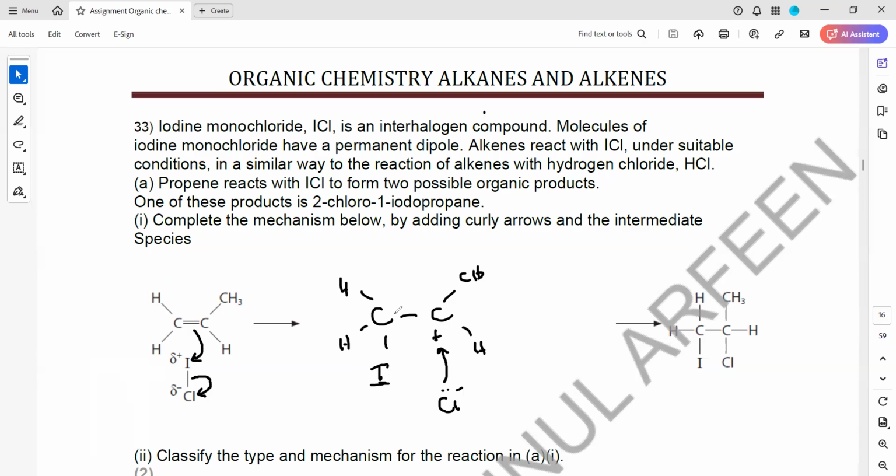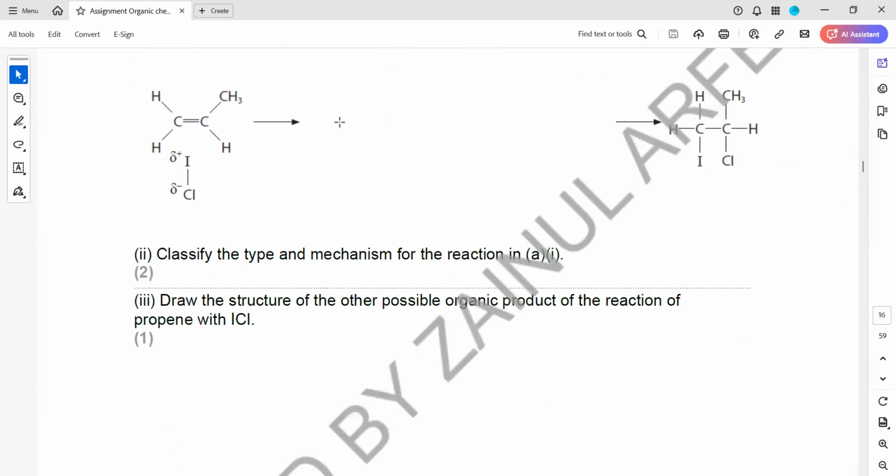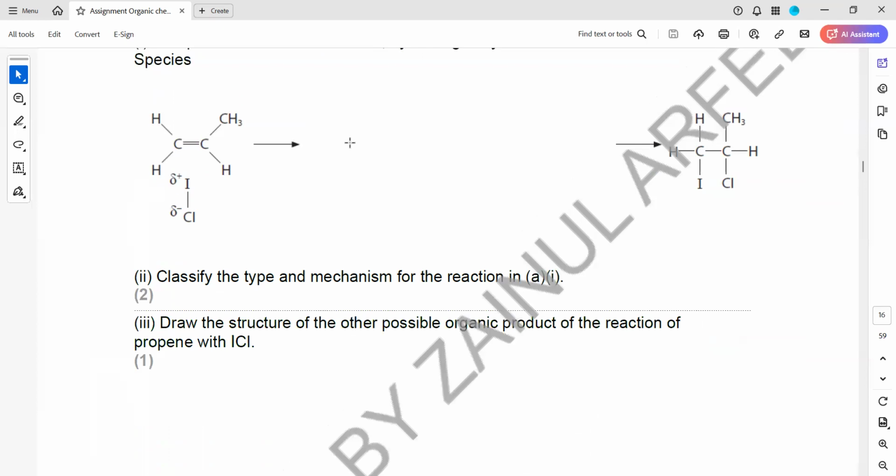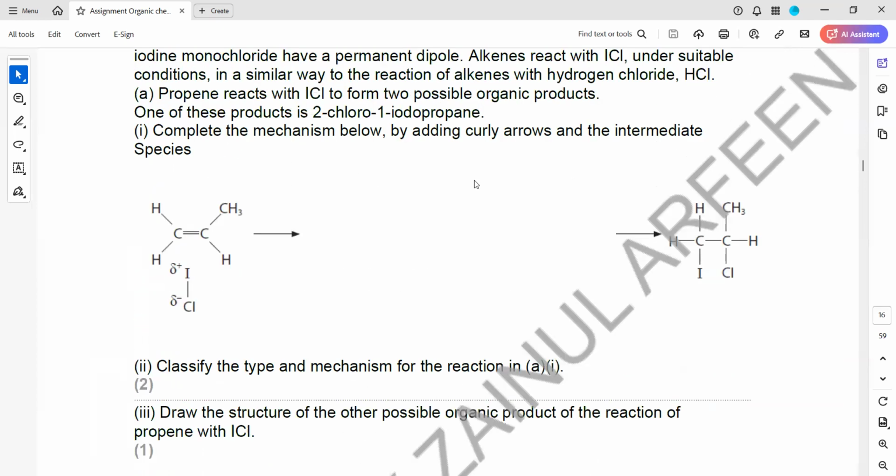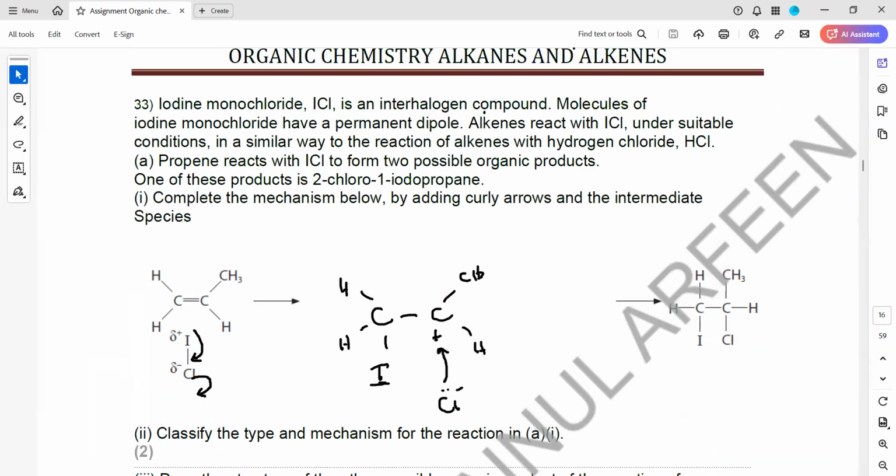The next we have: classify the type and the mechanism in A1. So what is the type and what is the mechanism of this reaction?